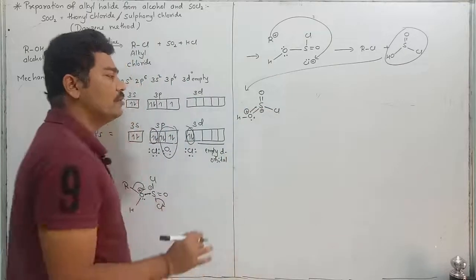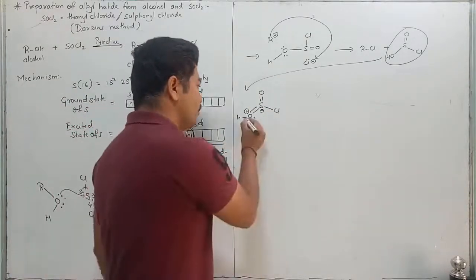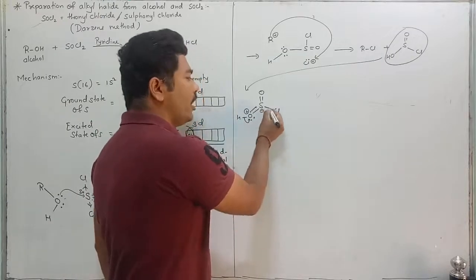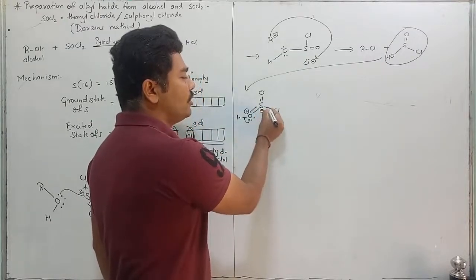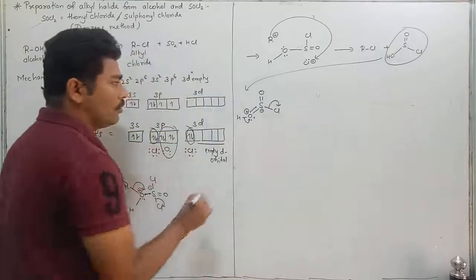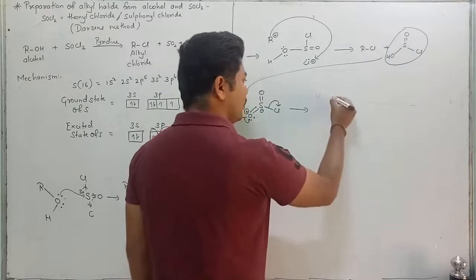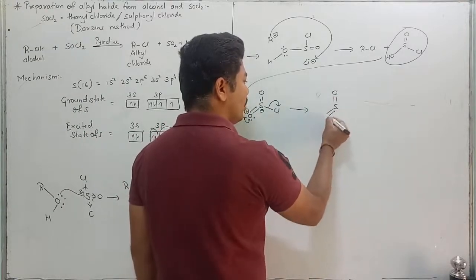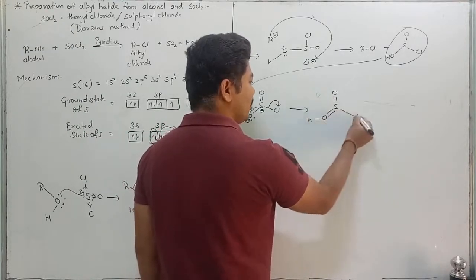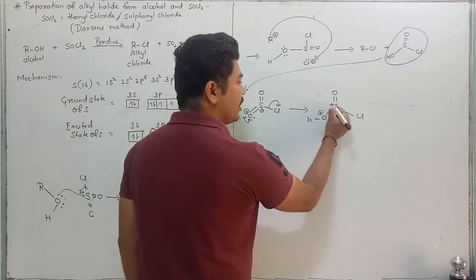Double bond. Similarly, oxygen accepts the electron from hydrogen and the electronegativity of Cl is more than oxygen. Therefore, sulfur donates the electron to Cl, due to which S double bond O H Cl, oxygen carries a positive charge, sulfur carries a negative charge.